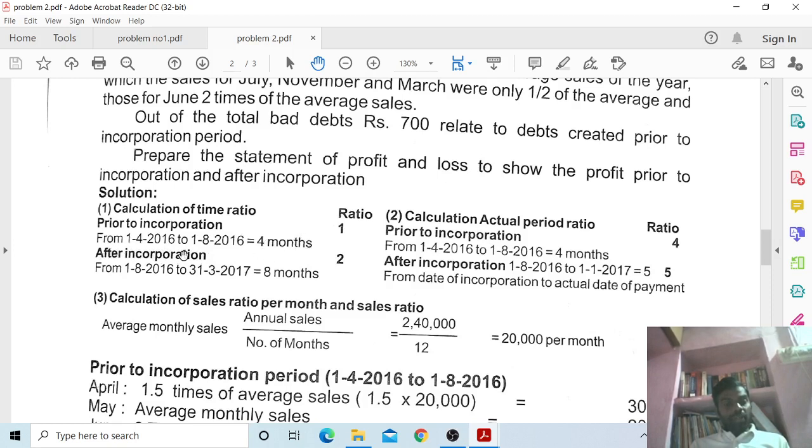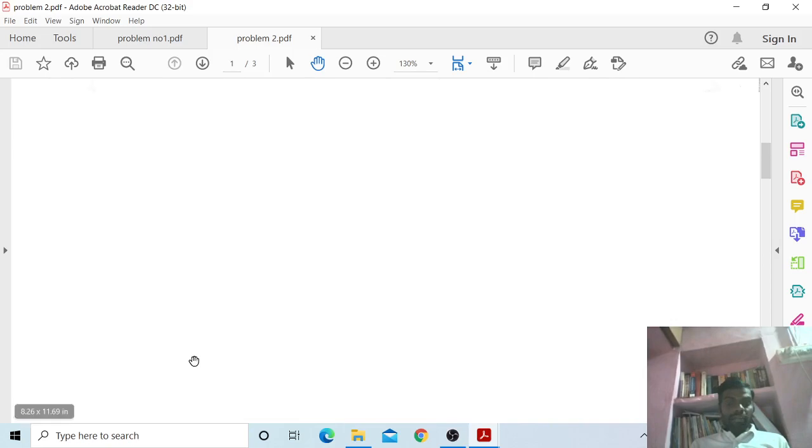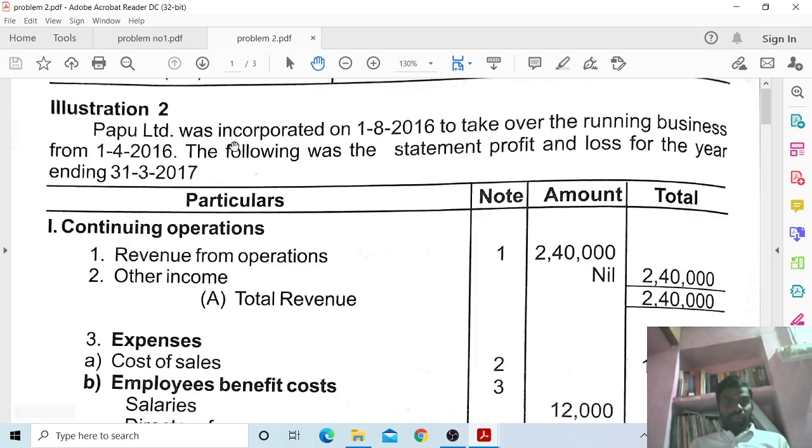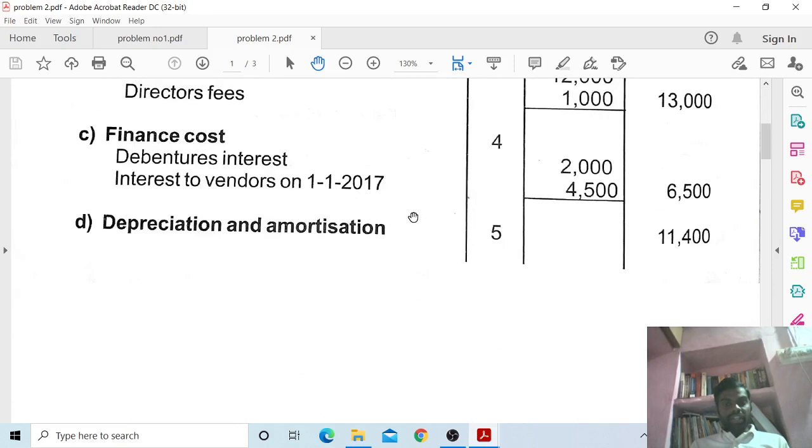The after incorporation period is from 1/8/2016, the purchasing date, to 31/3/2017, the closing date. So you have to take 8 months.